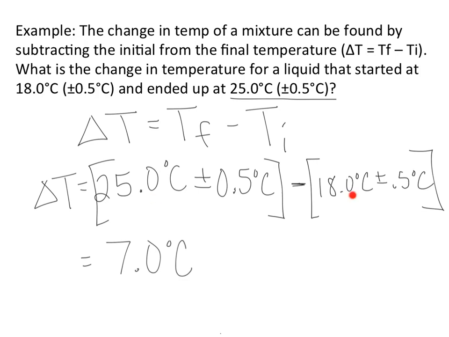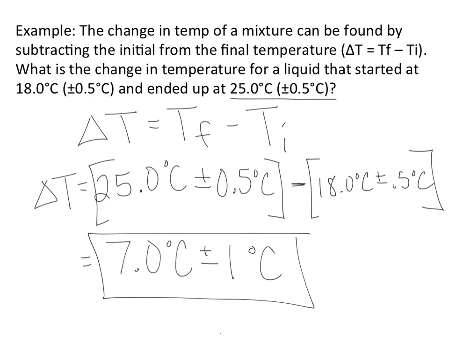This is to the tenth place, so our final answer is also to the tenth place. And then what do we do with our uncertainty? We want to add it. Even though overall we're subtracting, we add our uncertainty. So that's plus or minus 0.5 plus 0.5, which is 1 degree Celsius.